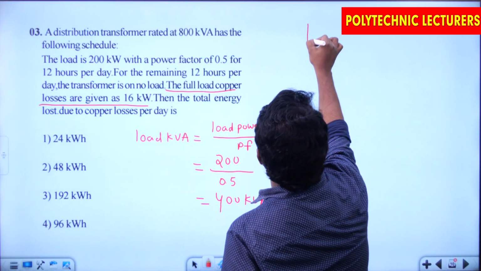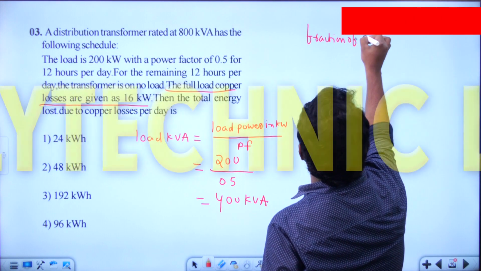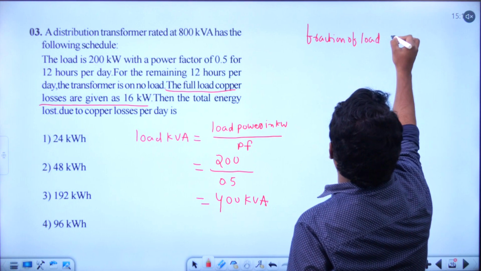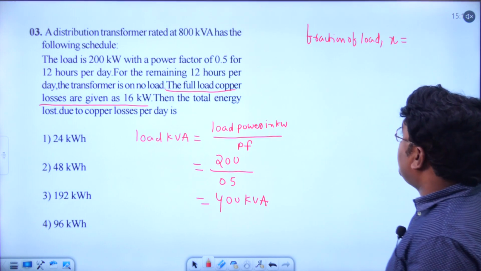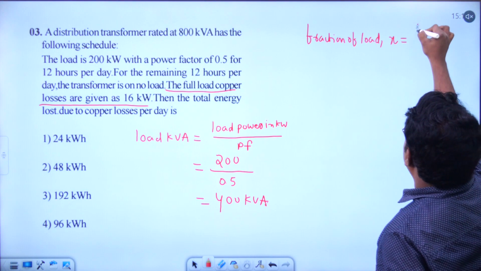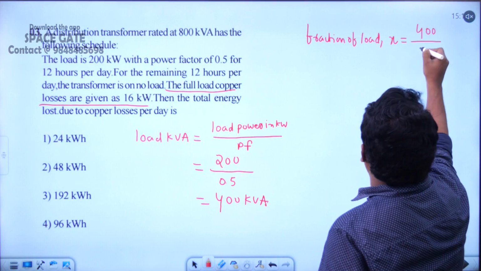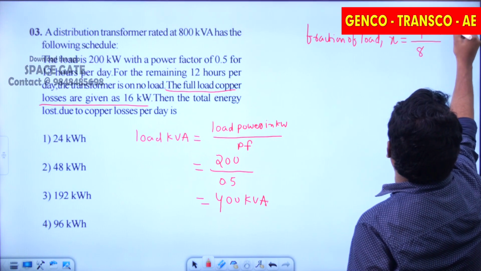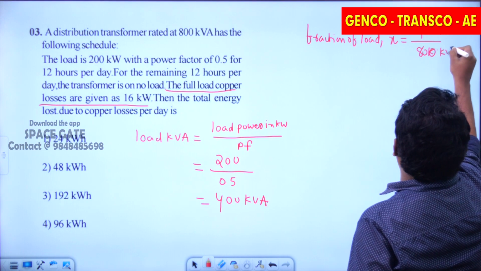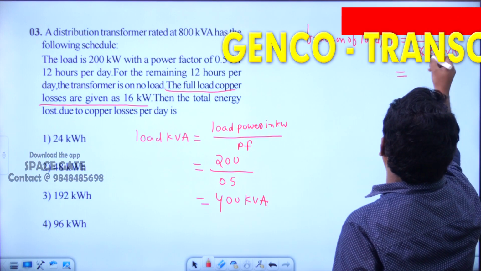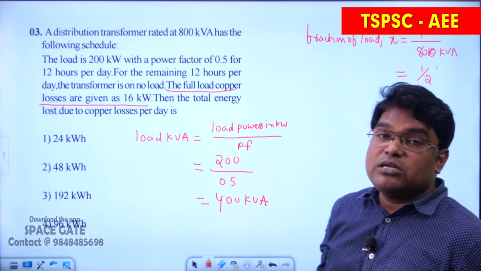Now the fraction of the load, x, is required. That is equal to the load kVA, 400 kVA, out of the 800 kVA. So this will become 1 by 2. This is the fraction of the load.